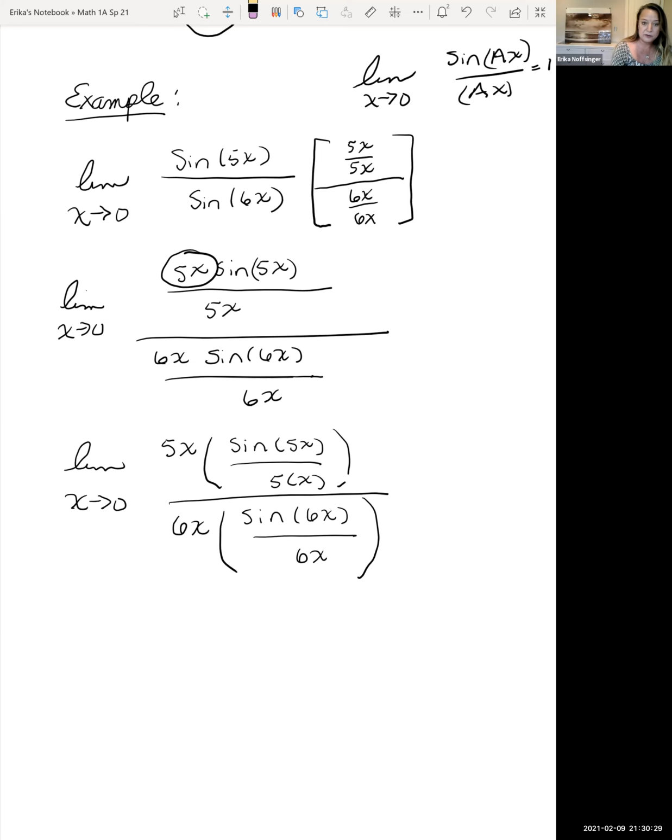We have rules that let us break this up as the limit of the numerator over the limit of the denominator, and for a product of functions, the limit of the first times the limit of the second.